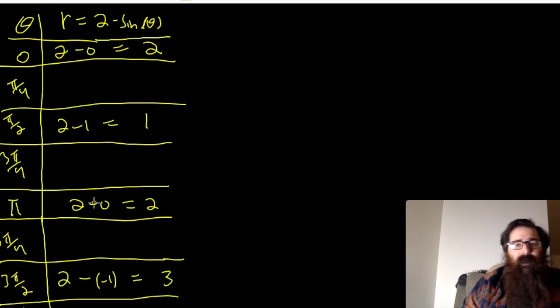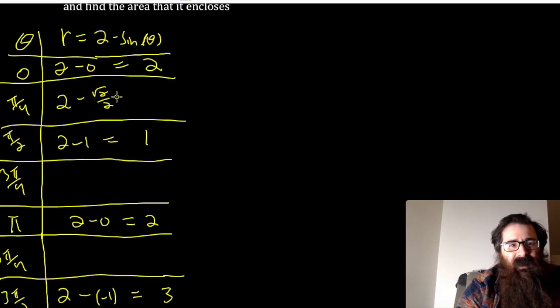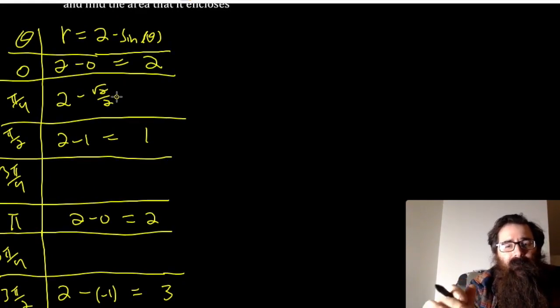And then I just have pi over 4, and then anything with reference angle pi over 4 left. So here, if I were to plug pi over 4 in, sine at pi over 4 is radical 2 over 2. So I get 2 minus radical 2 over 2. And it should be the same at 3 pi over 4. If we remember, sine is positive in quadrants 1 and 2.